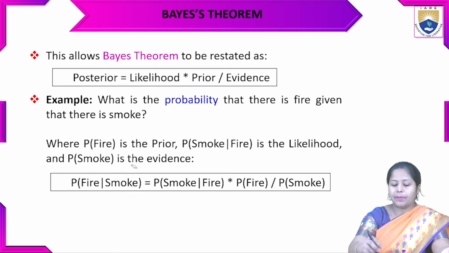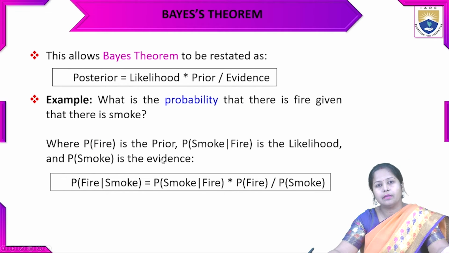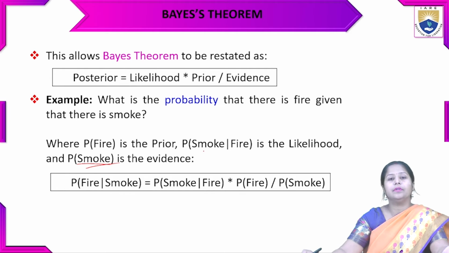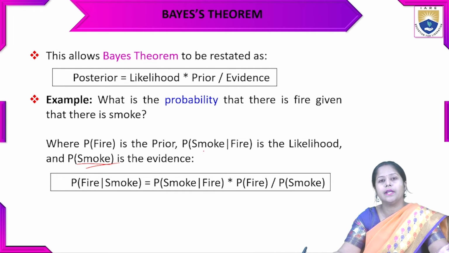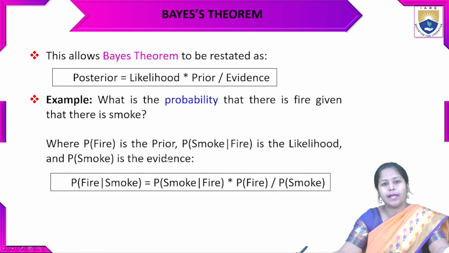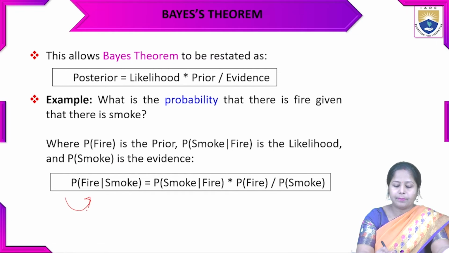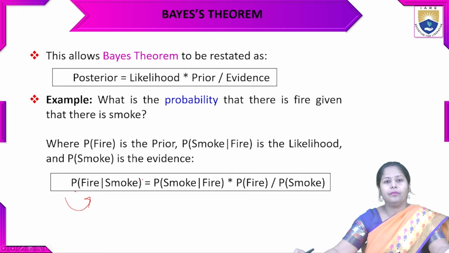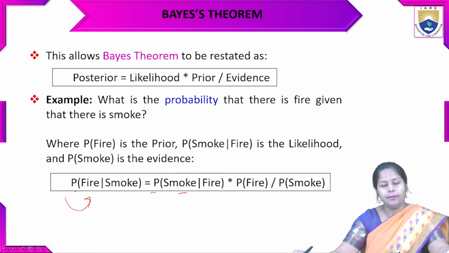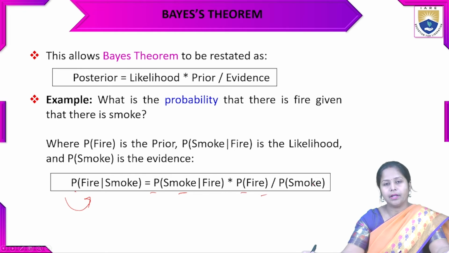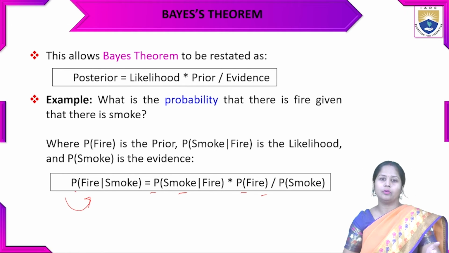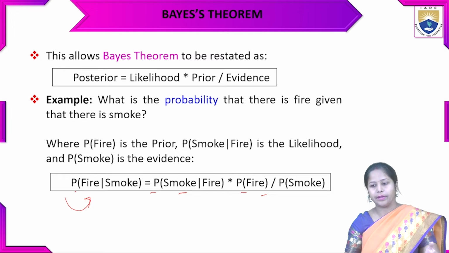And then P(smoke) is the evidence, because the evidence, smoke, was there earlier, and only then are we going to find out if there is fire or not. So we will write the Bayes rule for that: P(fire given smoke) is equal to P(smoke given fire) into P(fire) divided by P(smoke). That is the whole Bayes rule for that simple event.